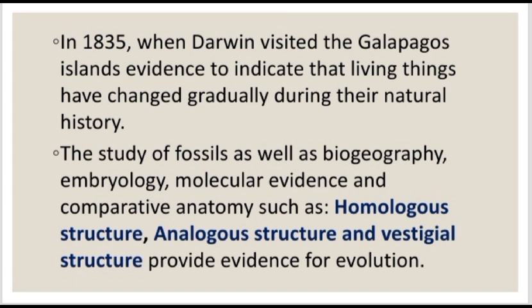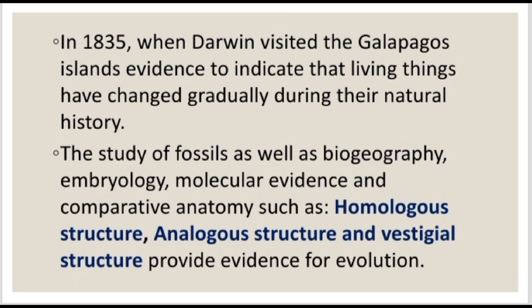Second is analogous structures. These are body parts of different organisms but have the same function. So it is the opposite of homologous structures. So for example, the wings of a butterfly and the wings of a bird. They have different origins but have the same function.